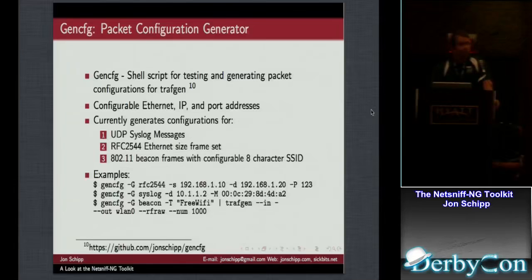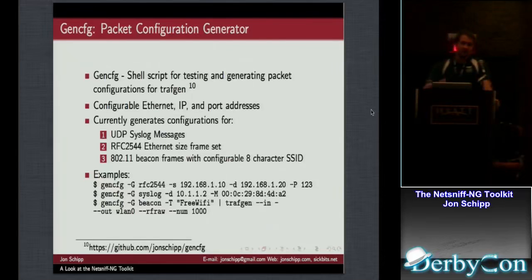So, just FYI. Generate config is a little shell script I wrote, and basically what it does is I have a few packet configurations that I created, and I just stick them in there, and then I pass some options on the command line, the arguments, and say, hey, I want my source IP address to be this, my destination IP address to be this, my MAC address, and port. And then it'll generate a custom configuration.